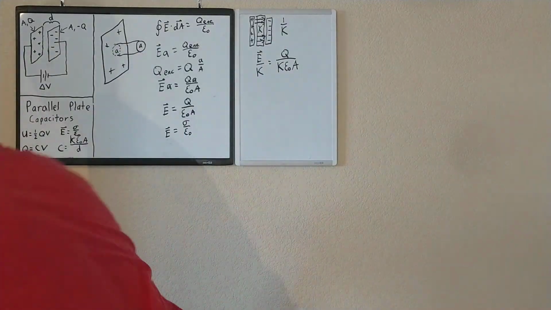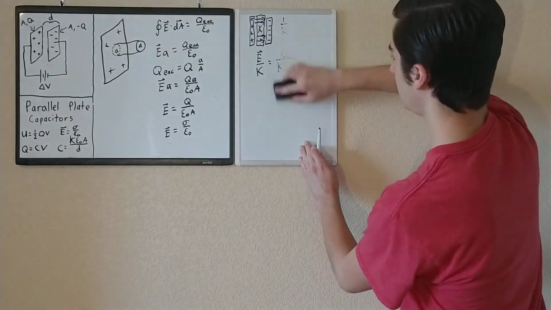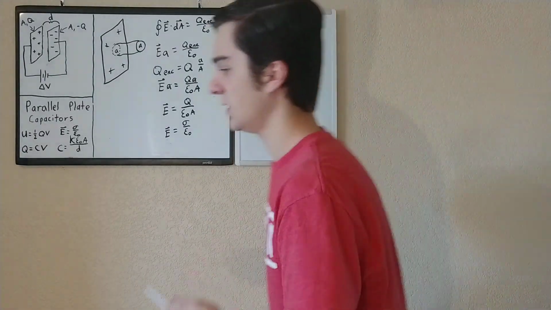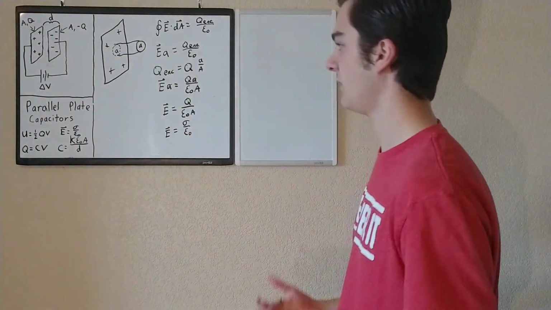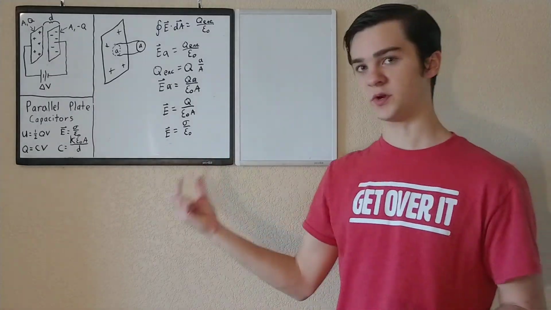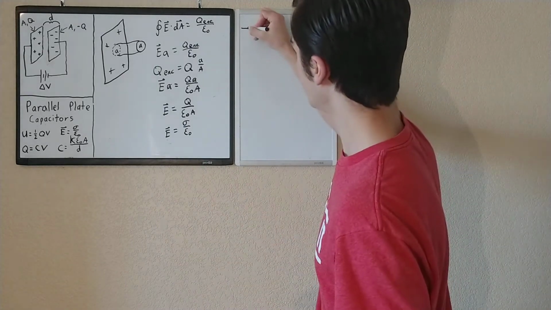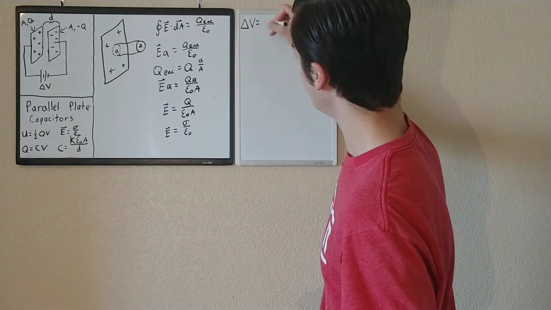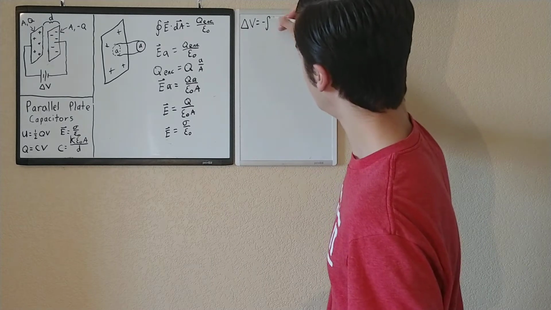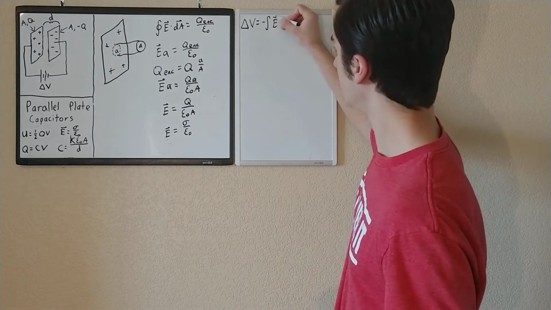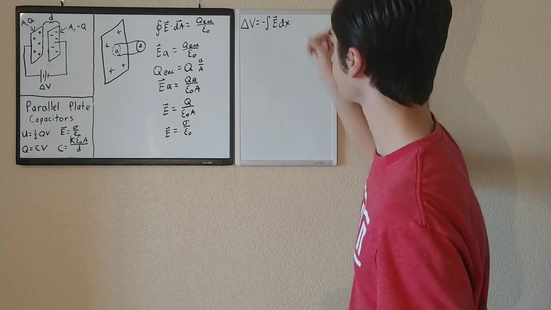So, using that value, we are going to derive an equation that relates the voltage across a capacitor to the charge on the plates. You know that the change in voltage is the negative integral of the electric field times dx.